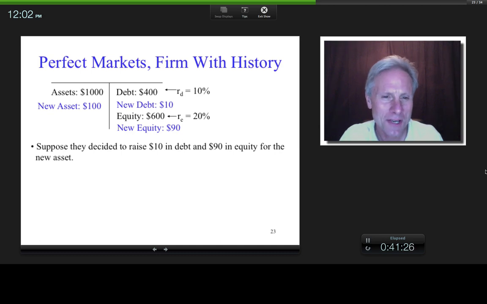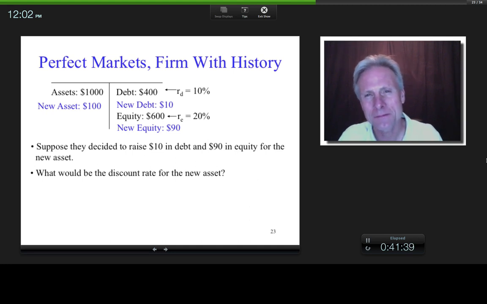So let's say they decide, you know what, instead of 60-40, let's make it 10 and 90. Now what would be the discount rate for the new asset? Well, does the 10 and the 90 matter relative to the 40 and the 60? It doesn't, right?